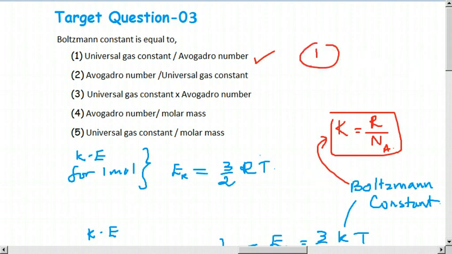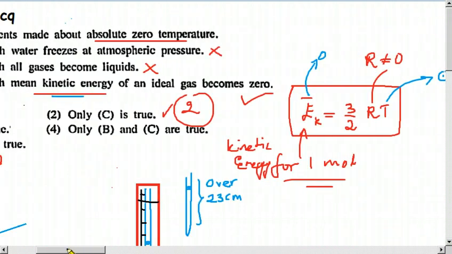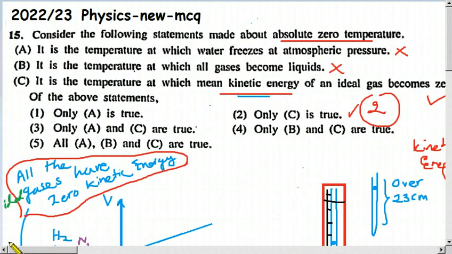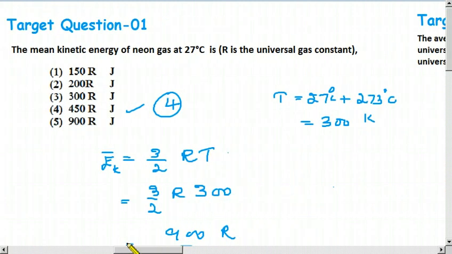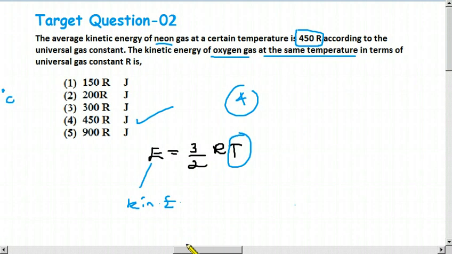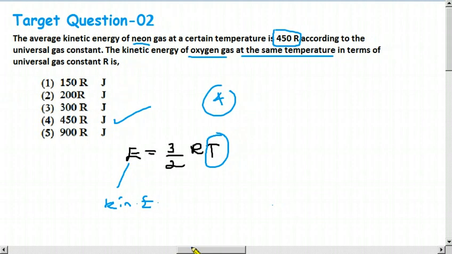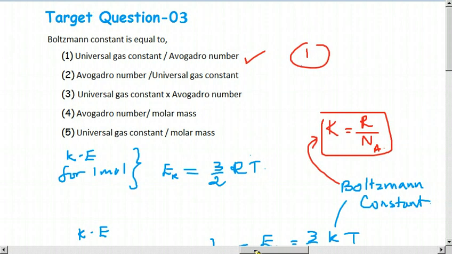So children, now I am going to wind up the video because the time is over. What we have done today: we discussed question number 15 of the 2022-23 physics new syllabus paper, and I also designed target questions 1, 2 and 3 for you and did all the typesetting and discussed them.